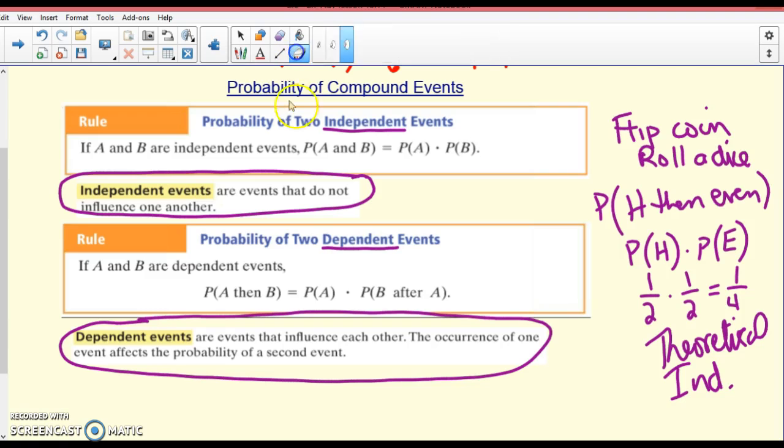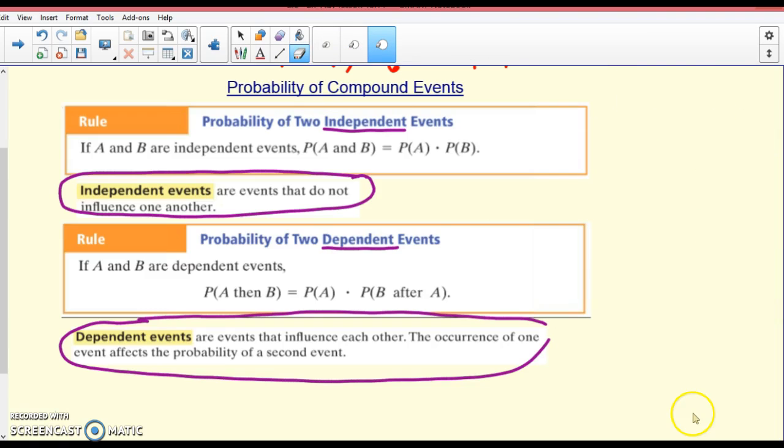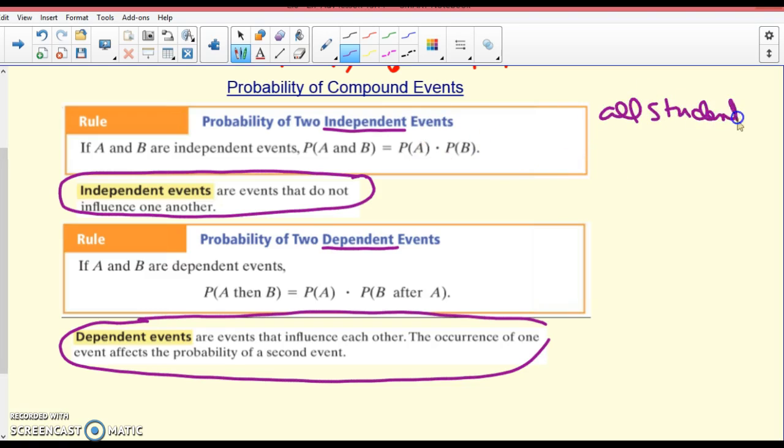Now, let me make up another one here. How about I'm going to put everybody's name in this room in a hat. And then I want to pick a committee of 3 people. So all students' names, and then I want to pick a committee of 3 people.